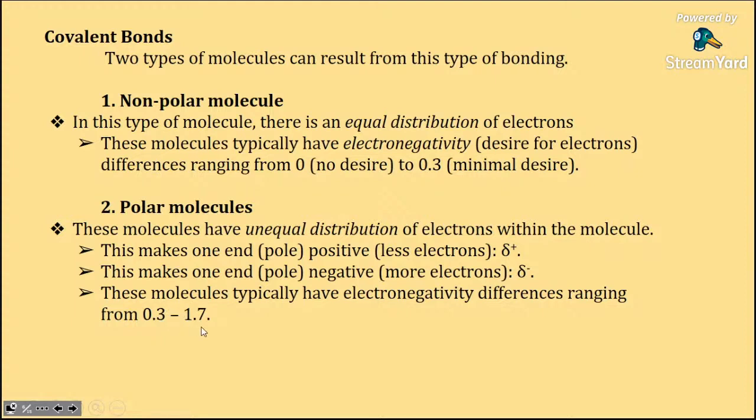Whereas if I move over to 1.7, this means the larger the electronegativity difference, the more polar that molecule. So with an electronegativity difference of 1.7, what I find is that one atom has a much stronger pull for the electrons than the other atom. So this is kind of a spectrum of polarity, from low polarity to high polarity.